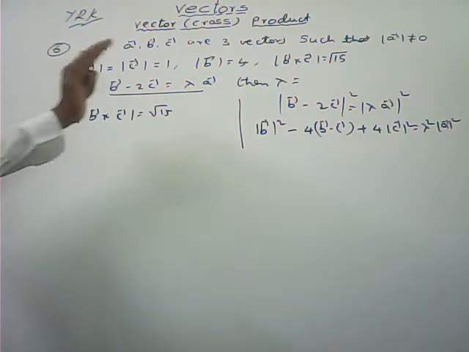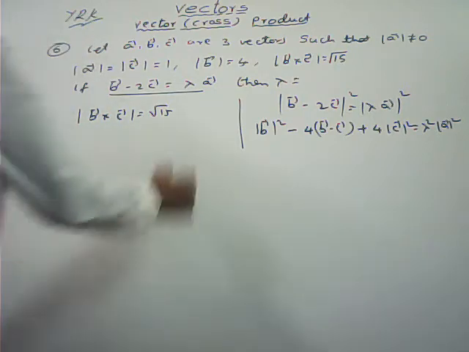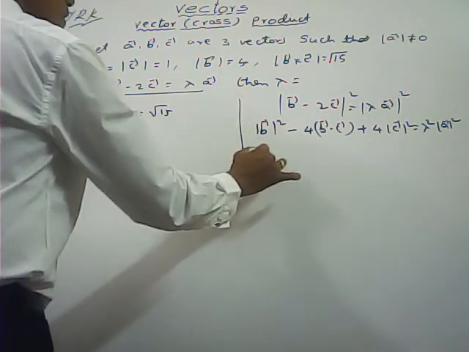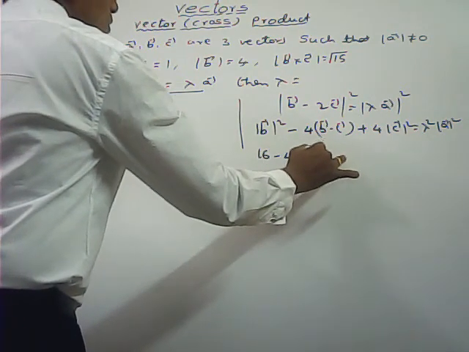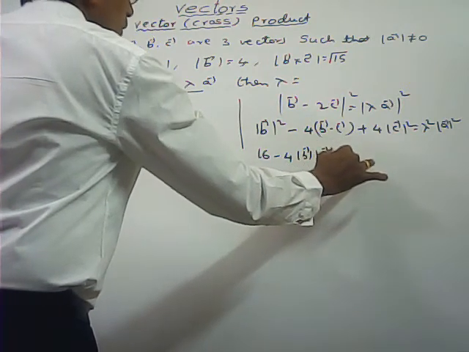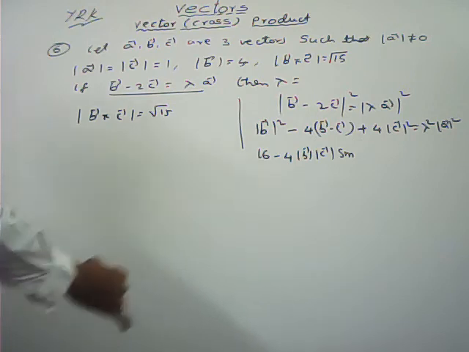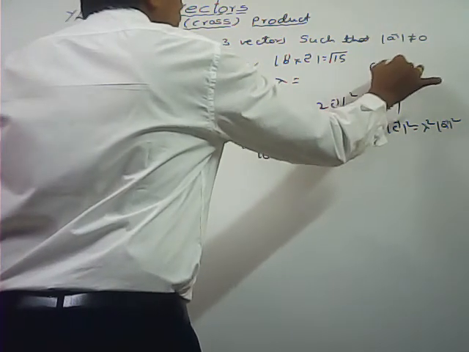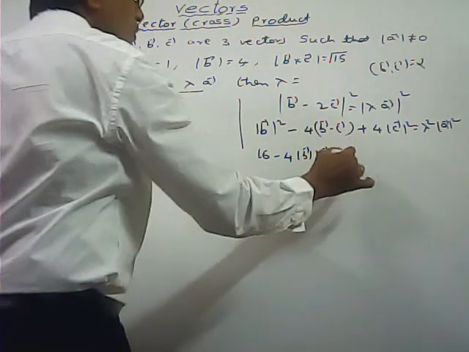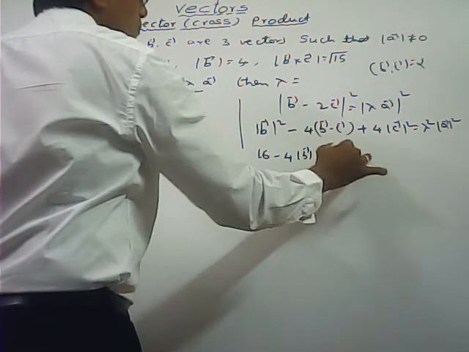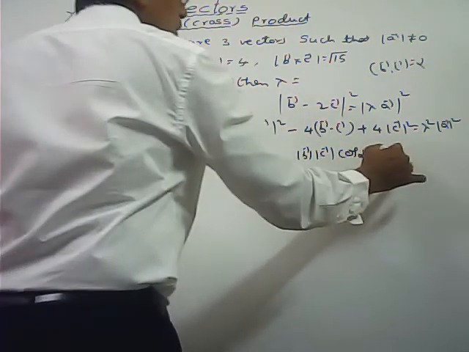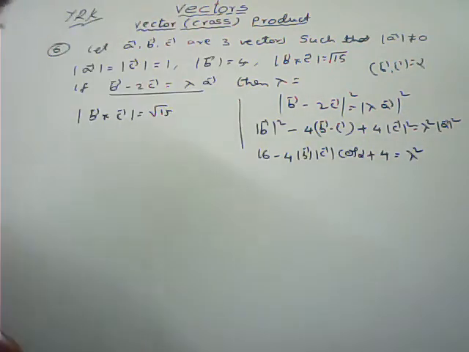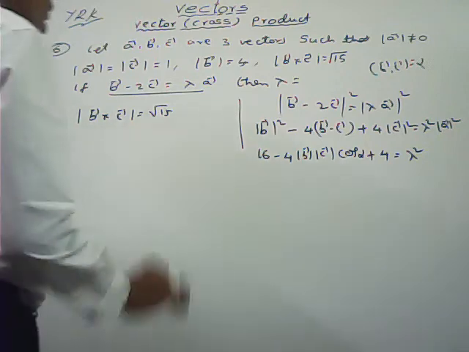Here modulus of b bar we know, modulus of c bar we also know. Modulus of b bar is 4 square, 16, minus 4 into modulus of b bar into modulus of c bar into cos of the angle between these two. Here I am taking the angle between b bar and c bar as alpha, so we can write cos alpha, plus 4 into modulus of c bar square, that is 1 only, equals lambda square into modulus of a bar square, which is 1.